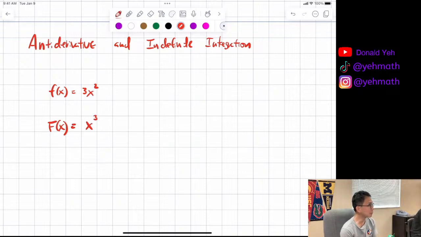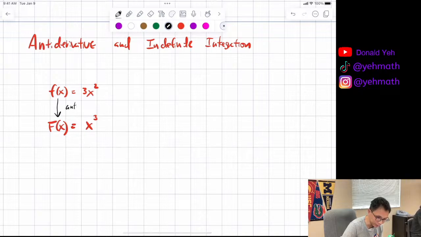Because capital F of x, well, how do you get there? This process is called the antiderivative.